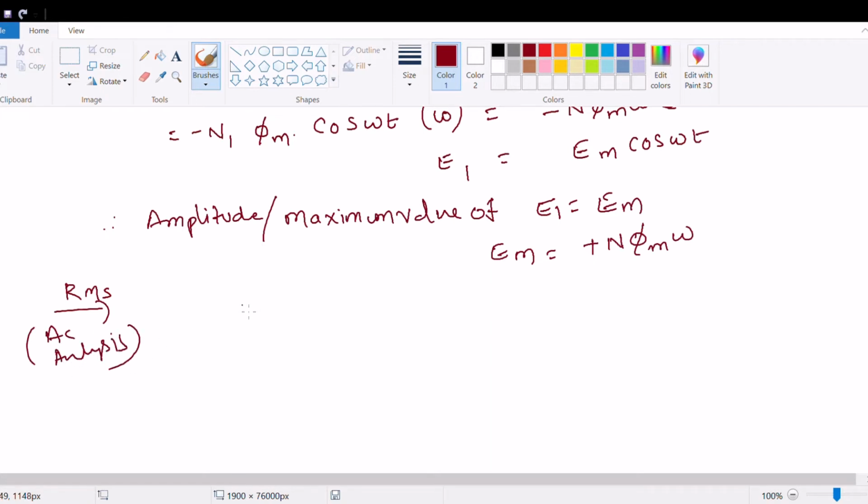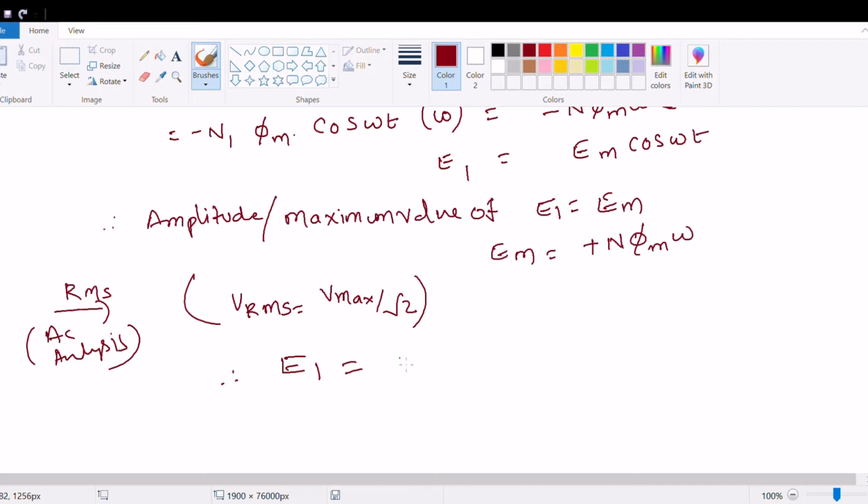So therefore for sinusoidal and cosinusoidal signals, Vrms is equal to V maximum value by root 2. Therefore E1, which is RMS, and normally we use RMS representations and there is no need to specify it as RMS.